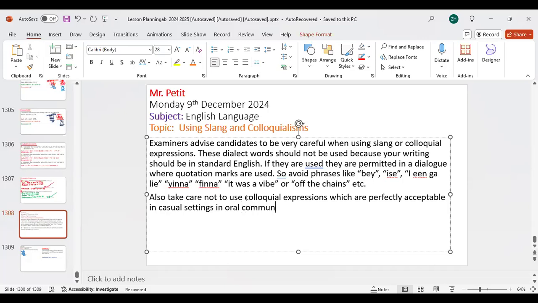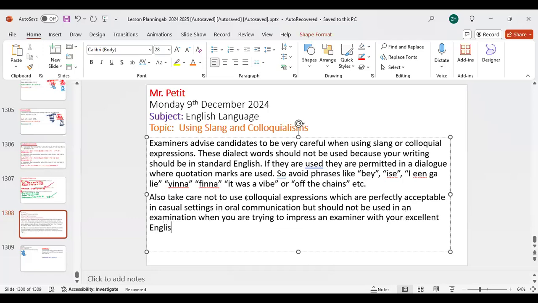That means with your mouth. But they should not be used in an examination when you are trying to impress an examiner with your excellent English.